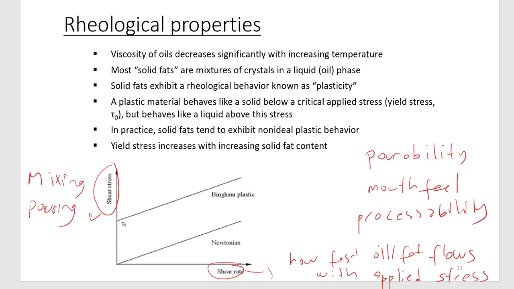And this graph is called flow curve. So plotting shear stress versus shear rate gives us flow rate. Based on this relationship between shear stress and shear rate, fluids fall into two main classifications, Newtonian or non-Newtonian fluids.